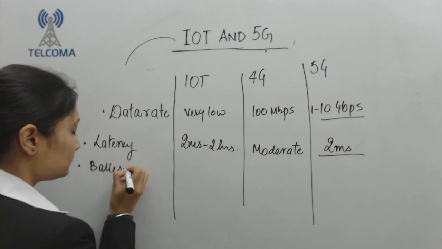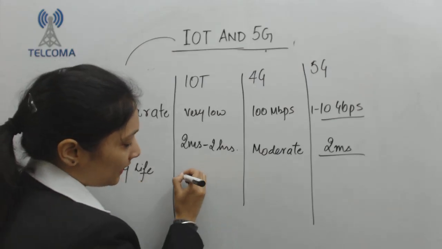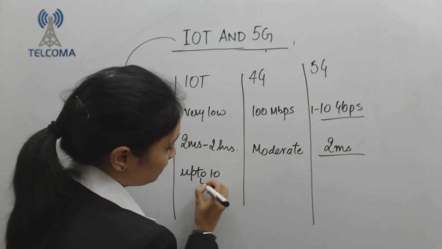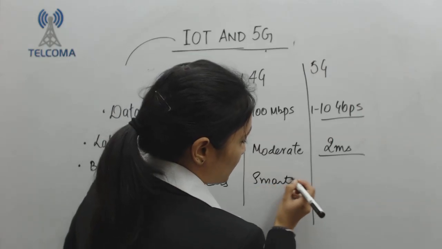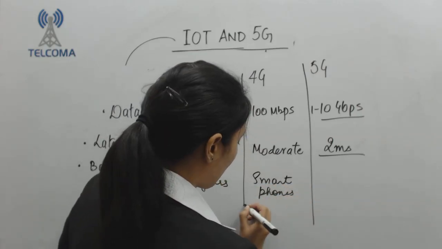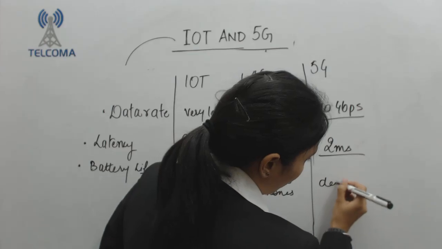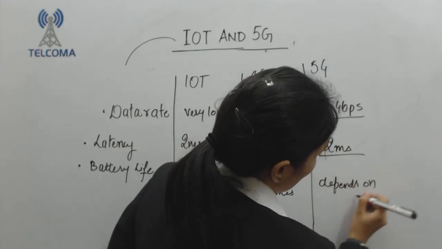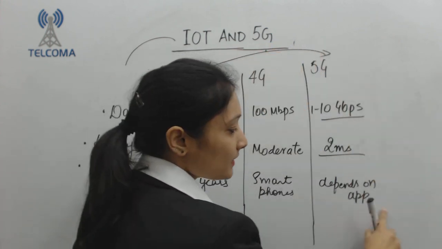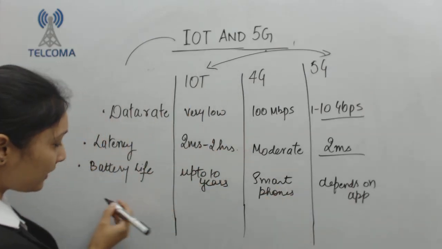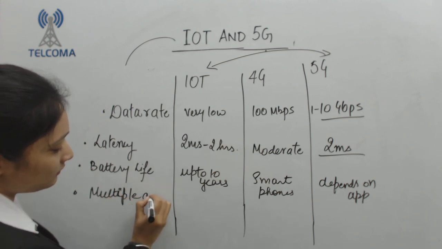Next, we always talk about energy efficiency, so battery life. For IoT, up to 10 years. We have for 4G the smartphones, and we know how that works. But for 5G, it depends upon the application. What application it is supporting on this platform depends directly on the application. Now, after that, the multiple access.